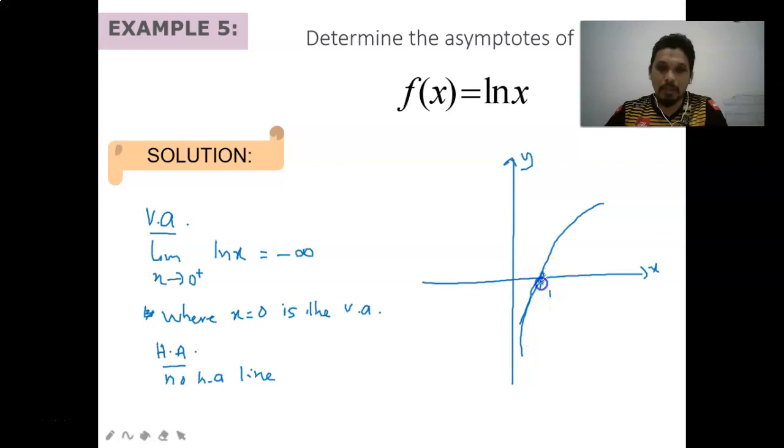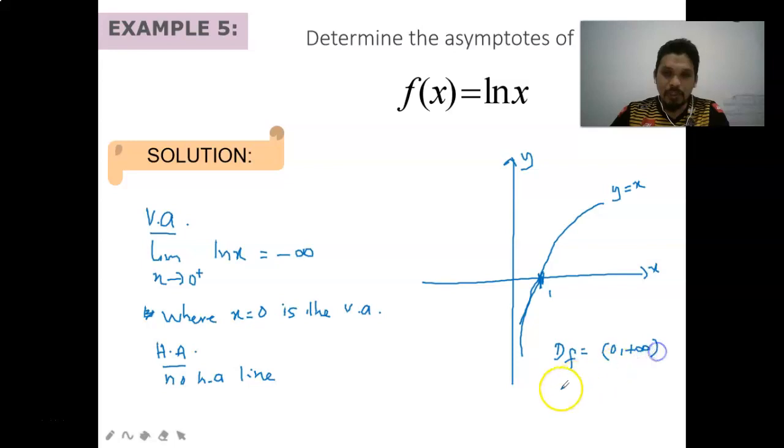When x equal to 1, y equal to 0. So the domain of this function is from 0 to positive infinity, and the range of f is negative infinity to positive infinity.